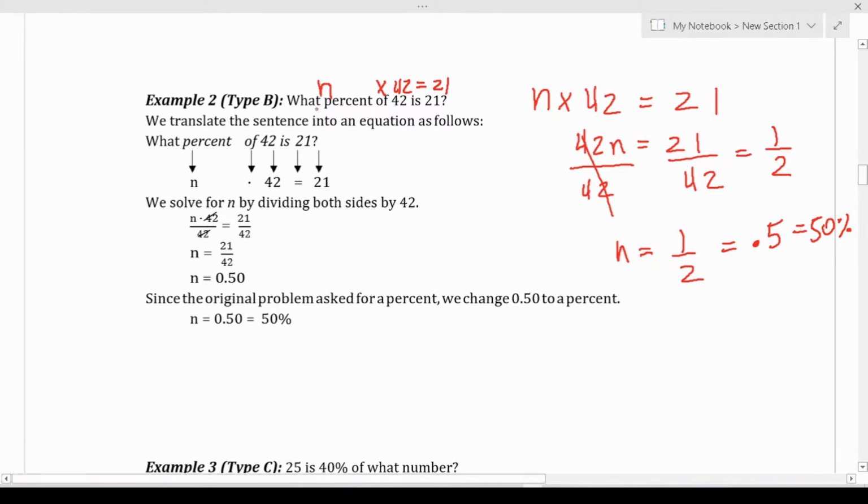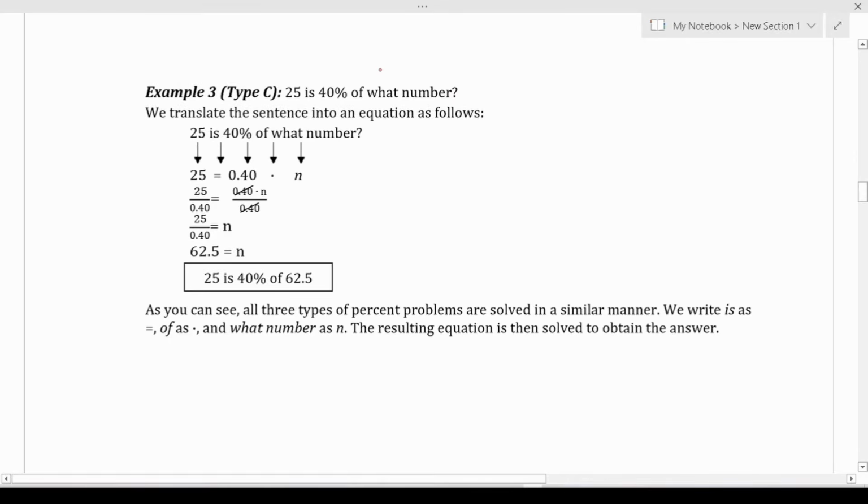Okay, so that's all there is to that one. Again, we just translated this small word problem into a mathematical equation that we can then use to solve for n. All right, so let's take a look at this third example. Again, we have 25 is 40% of what number? We're just going to write 25 as is. Is always corresponds to equal. 40% we're going to express as a decimal.